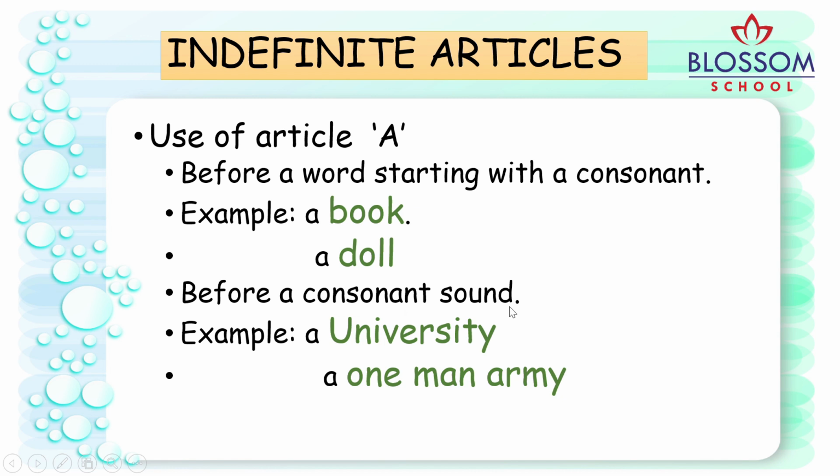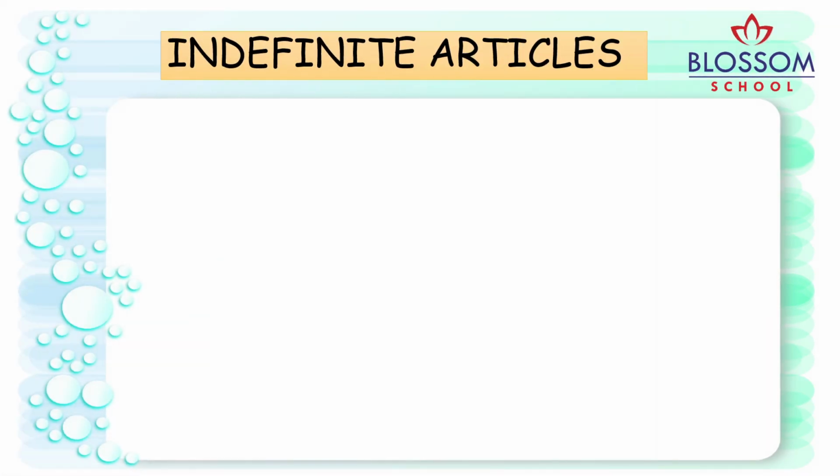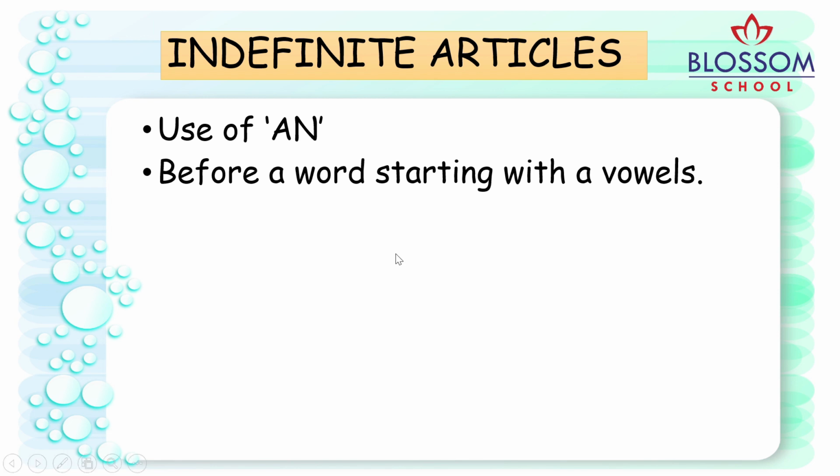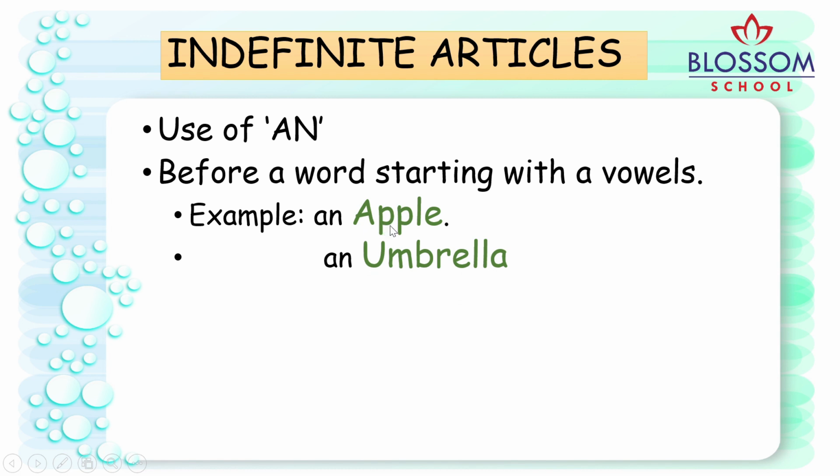Now let's see when to use the article An. We use the article An before a word starting with vowels. For example, an apple, an umbrella. Just as when we get the sound of a consonant, we use the article A, similarly, if while pronouncing the word we get the sound of a vowel, then we use the article An.